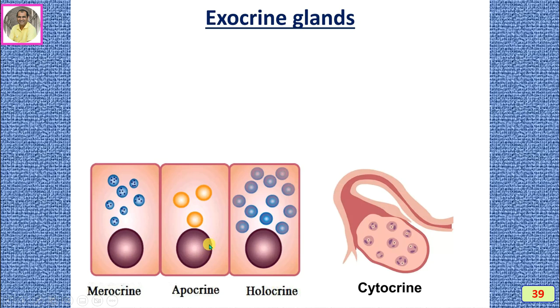In apocrine, the cell is partially destroyed, whereas holocrine means the entire glandular cell is destroyed, whereas cytocrine means the cells are embedded in a very special type of structure, just like the ovaries or the spermatozoa producing cell.